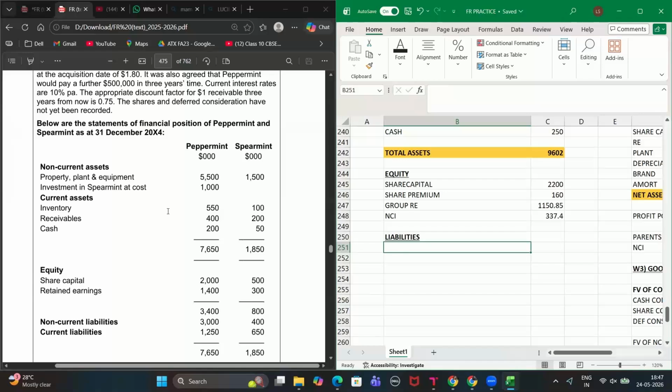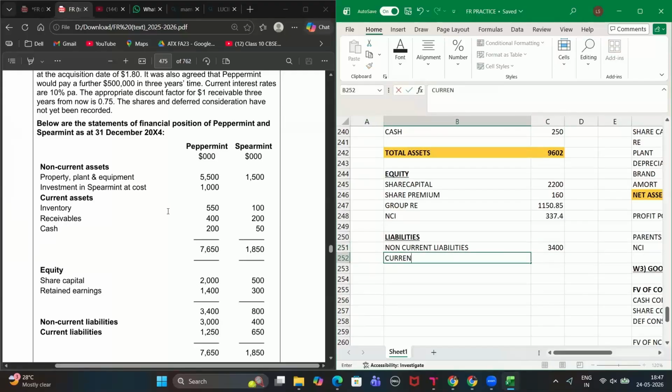How much are the non-current liabilities? It is 3,000 plus 400, right? Are you guys there? It's 3,000 plus 400.